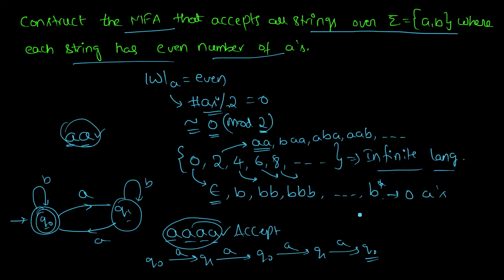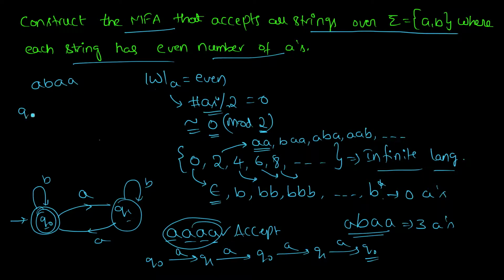Now consider the string ABAA, which has 3 A's, so the number of A's is not even. Let's see how this DFA behaves on ABAA. On seeing A from Q0, it goes to Q1. On seeing B from Q1, it will be in Q1 only. On seeing A from Q1, it goes to Q0.